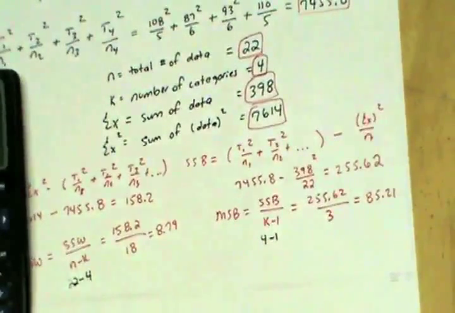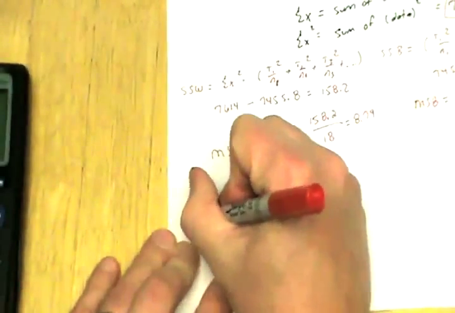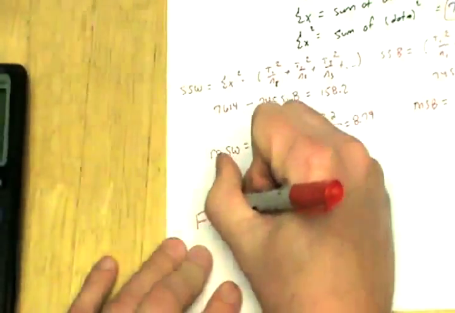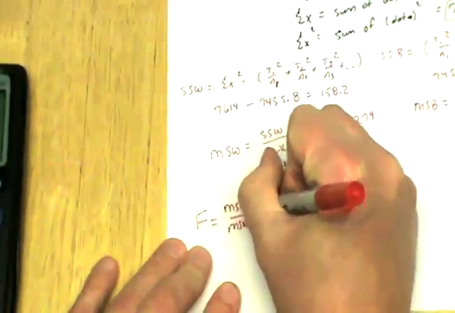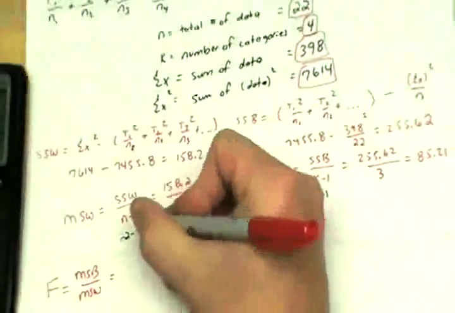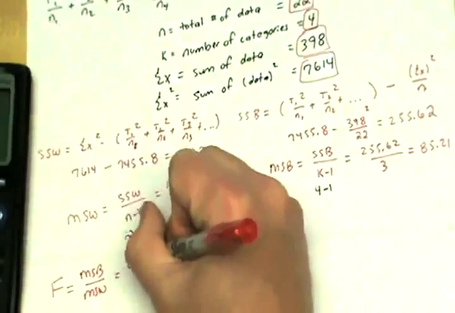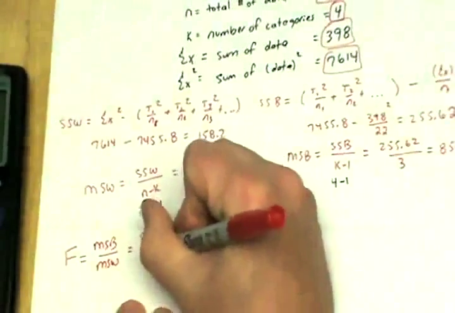Finally, F, which is the variable used for ANOVA, is MSB divided by MSW. We just found MSB to be 85.21. We're going to divide that by MSW, which is 8.79.